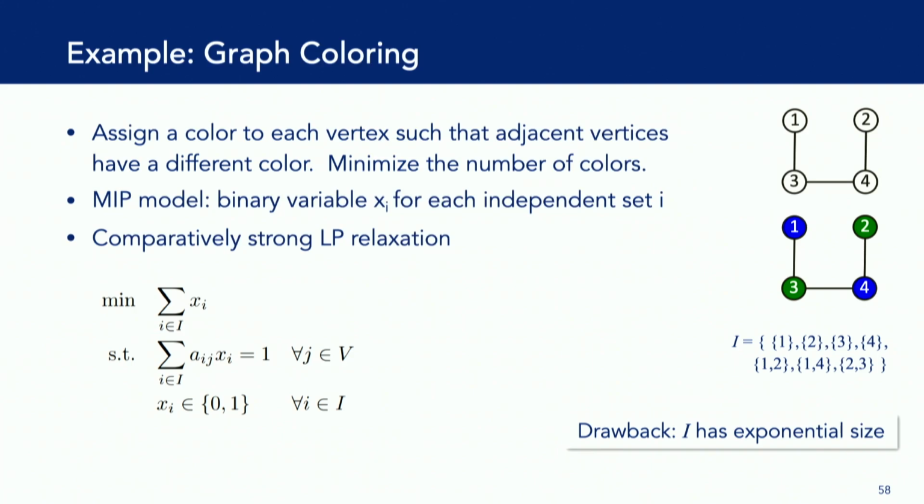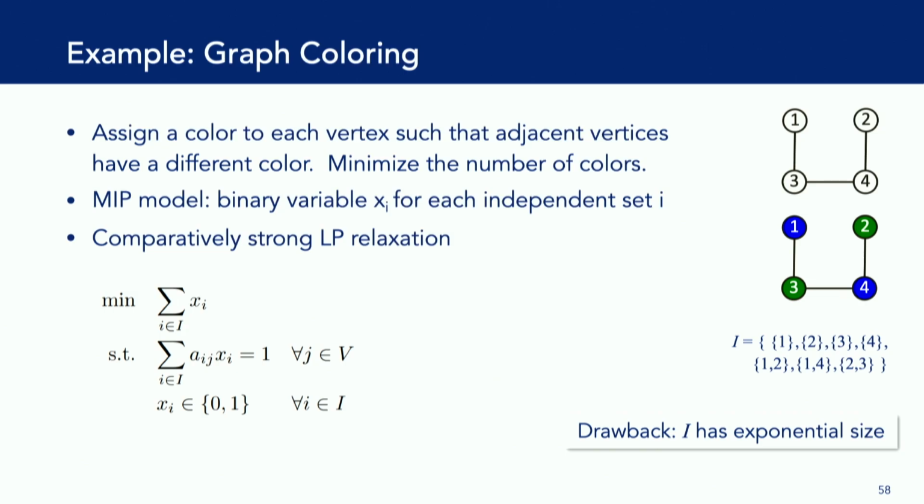So x_i on the left represents the variable selecting independent set I. And then I have covering constraints, making sure that every vertex is covered exactly once. That's the standard and very effective formulation based on column generation. And that's also the basis of what we'll do here.